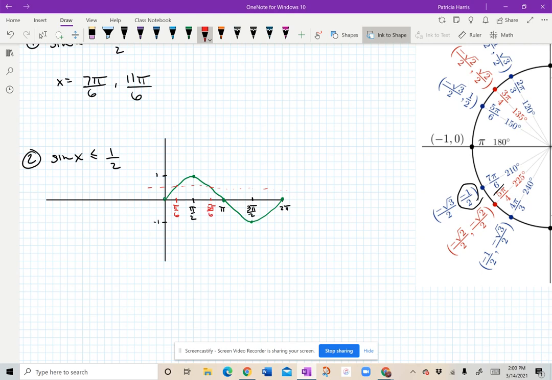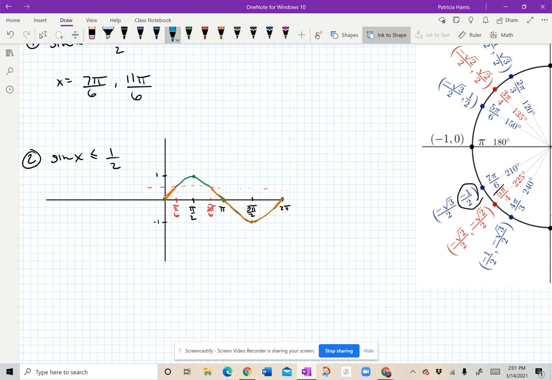So those will be our markers. So we want to know where it's less than or equal to that. So we're looking for below. So just like this.